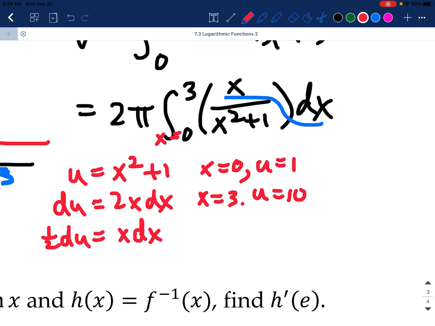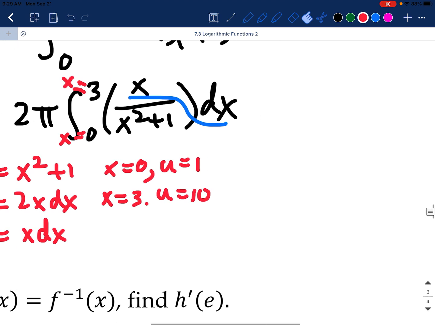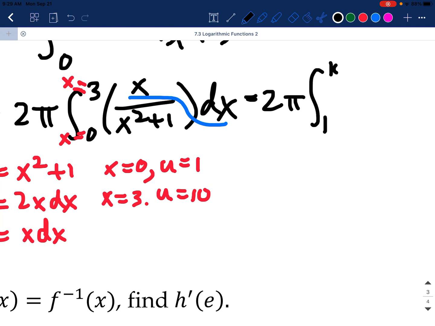So now these are our x values. So we're going to end up with the integral from 1 to 10 of 1/2 du over u. Now the half we can cancel with the 2.